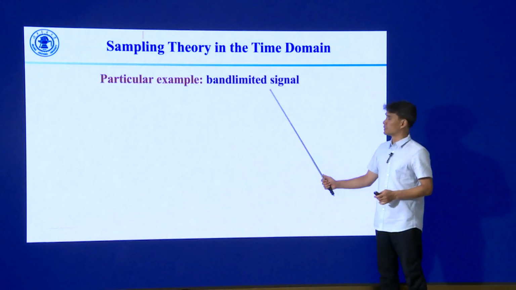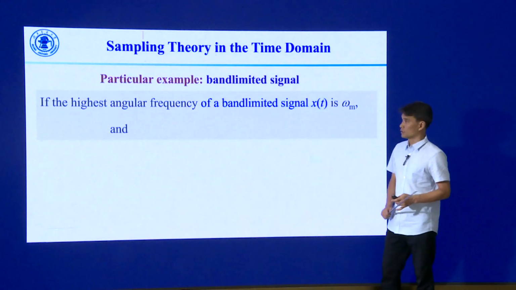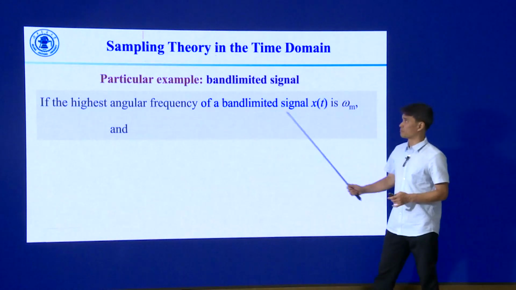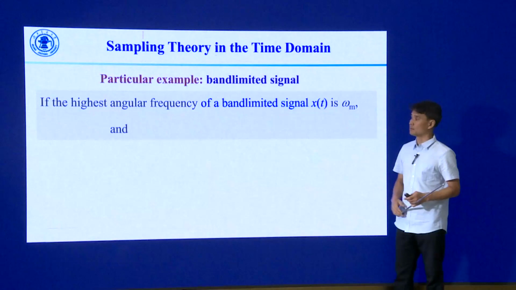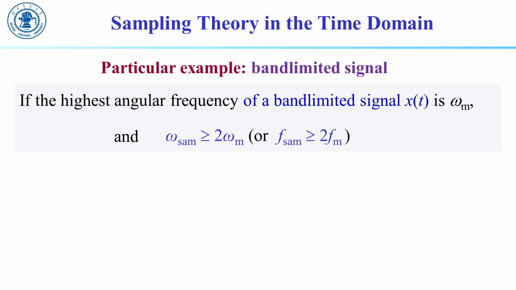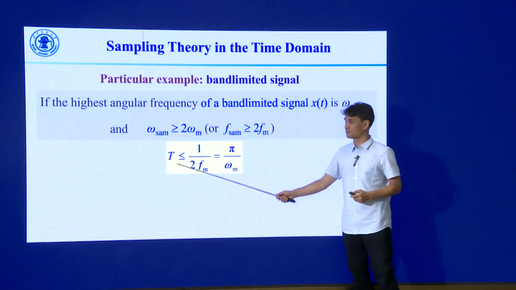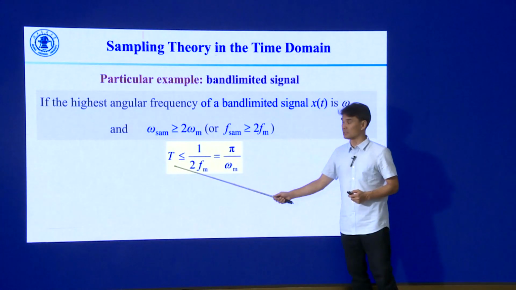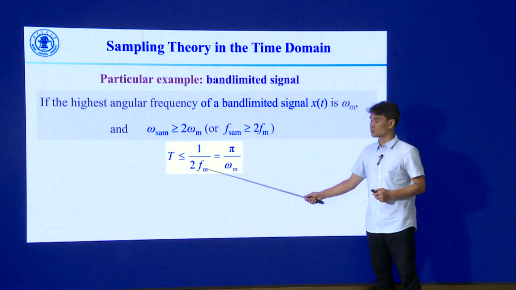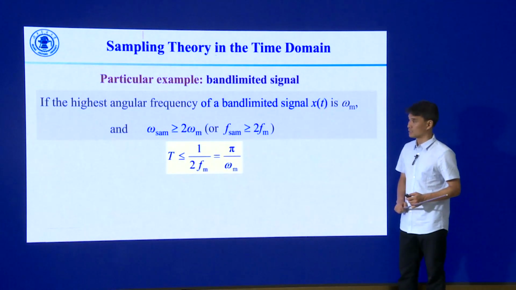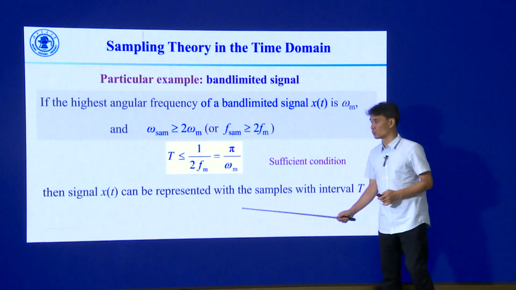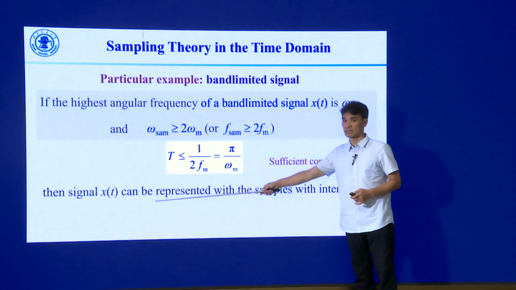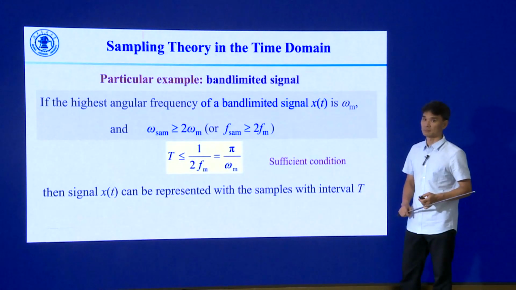So for band-limited signals, if the highest angular frequency is omega sub m, in case the sampling angular frequency is greater than or equal to twice omega m, or the sampling frequency is greater than 2 times the maximum frequency, or in other words, if the sampling interval in the time domain is less than or equal to 1 over 2 times the maximum frequency, then there's no information loss, and we can recover the original signal x of t from the discrete-time signal's spectrum.